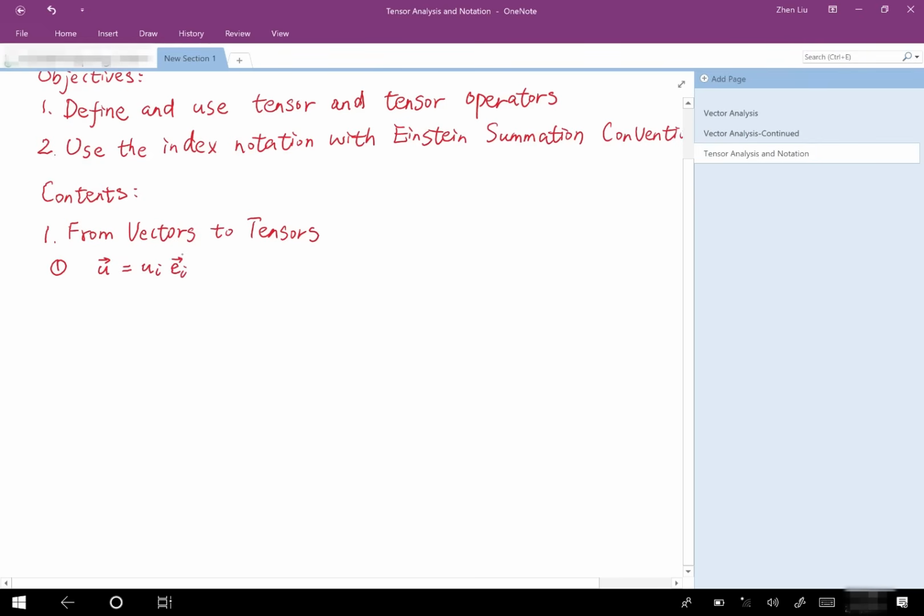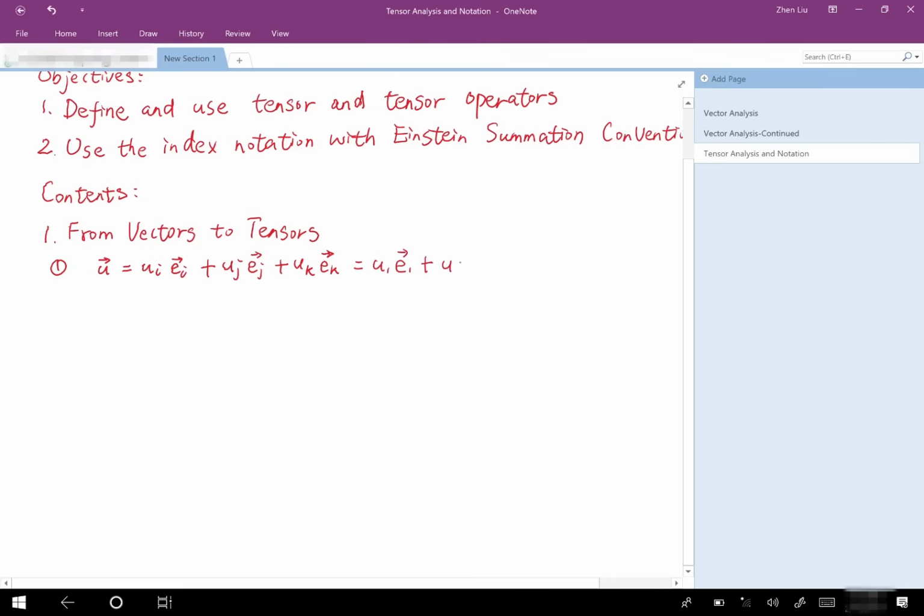So this is the basic vector along the i axis, u_j e_j plus u_k e_k. And sometimes we also use u_1 e_1.